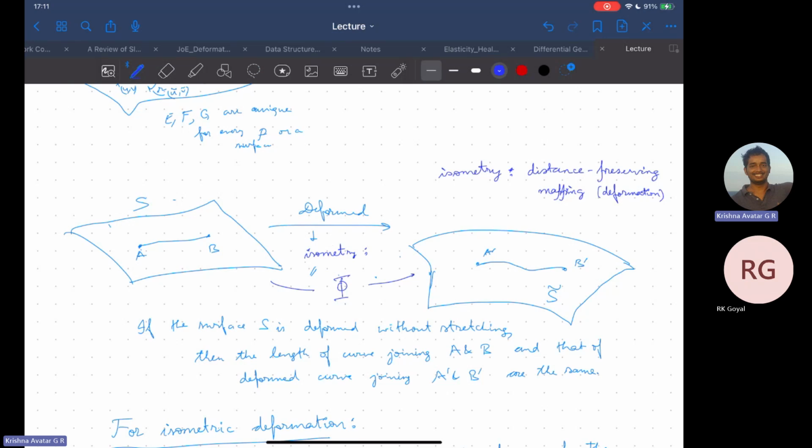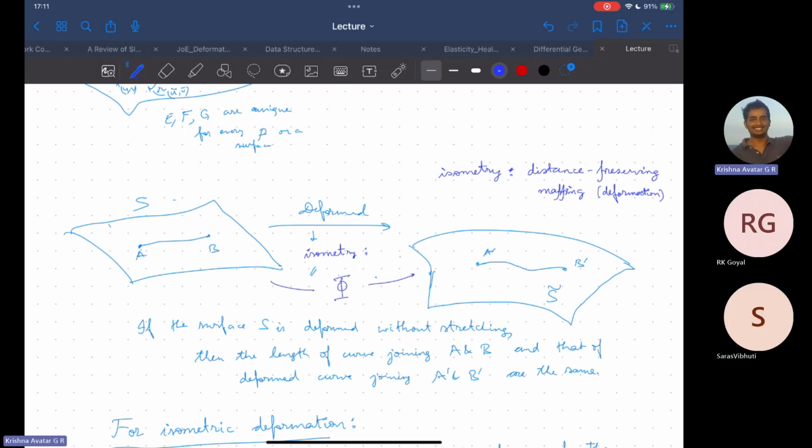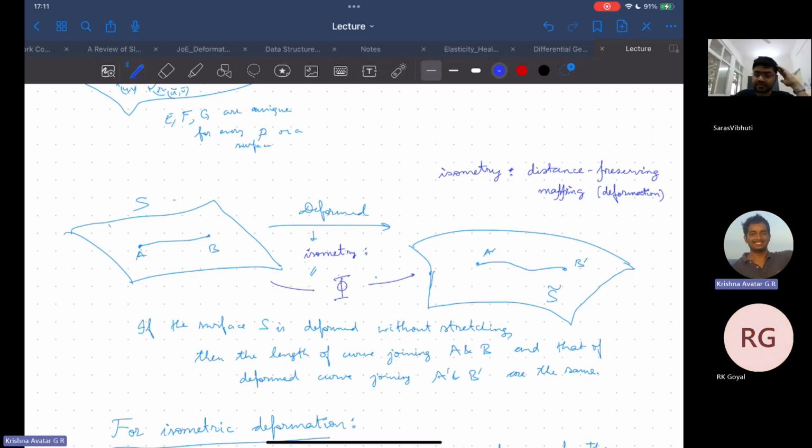If this maps from this to this, and if it ensures that the distances between any two curves, so this distance, right? It should hold for any two curves, not only for specific curves. It can be any arbitrary curve.